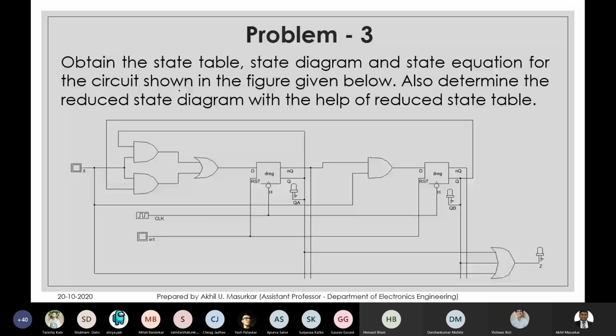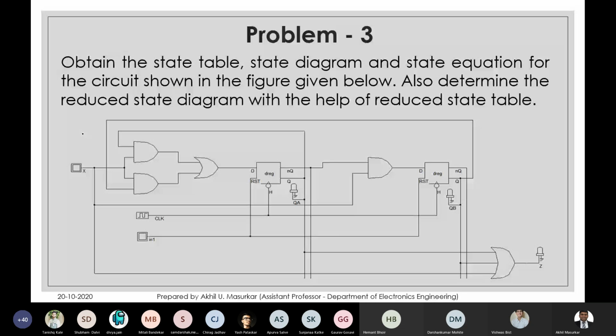Anybody else want to add whether it's a Moore or Mealy circuit? Who agrees that it's a Moore circuit? Okay, good. So it is a Mealy circuit, in spite of my trying to convince you of something wrong.